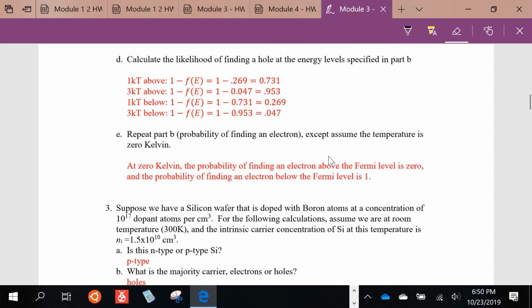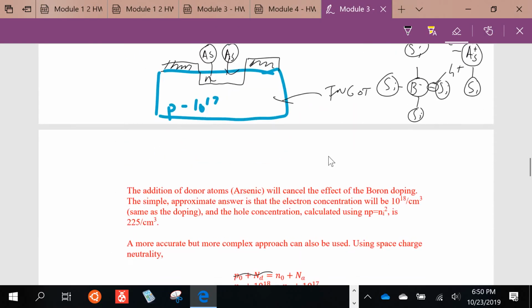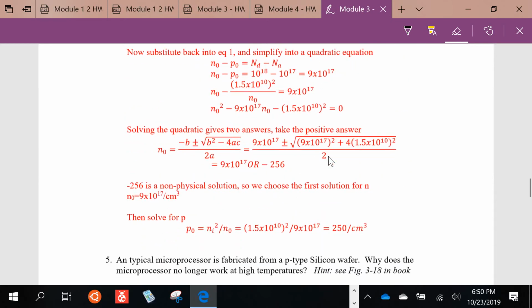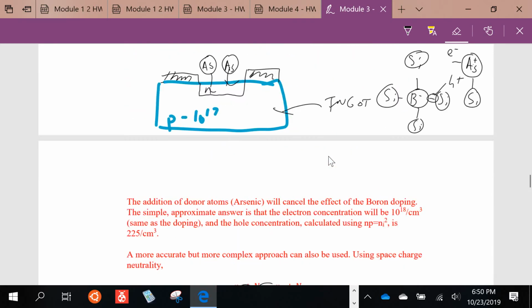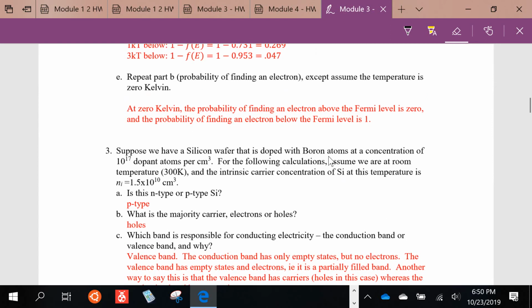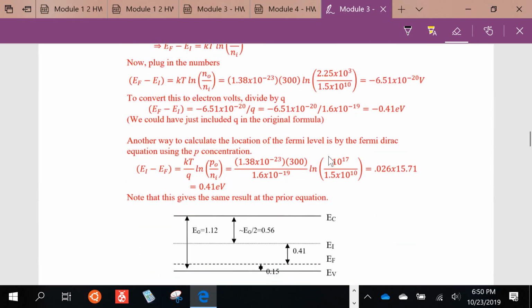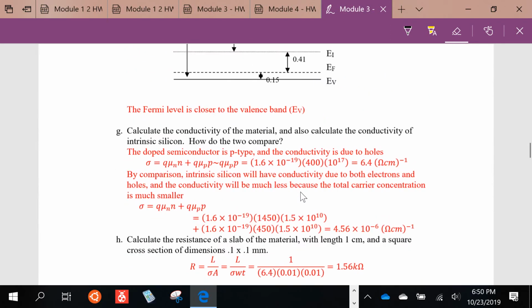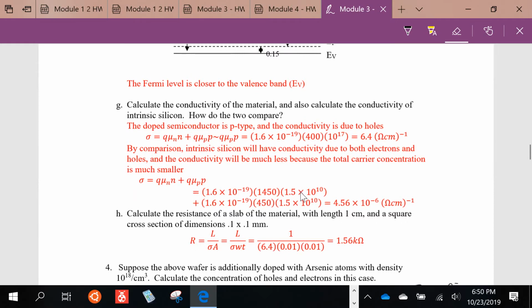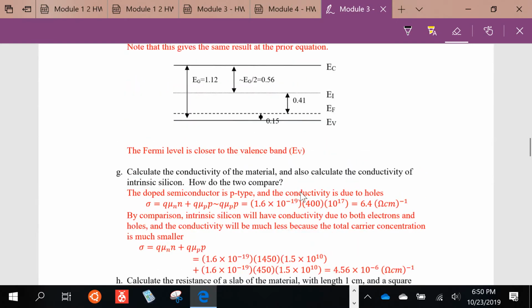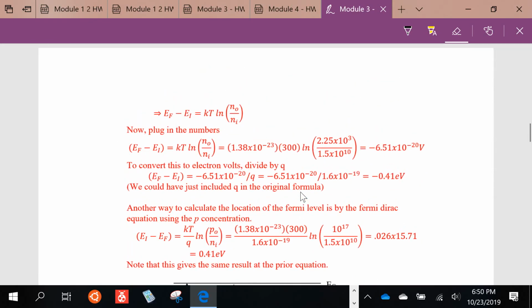The first question we put the mobility 400, the other one 450. It's question 3, part G. This part here? Yes. Here we put 400, and in the earlier parts of the question we use 450?